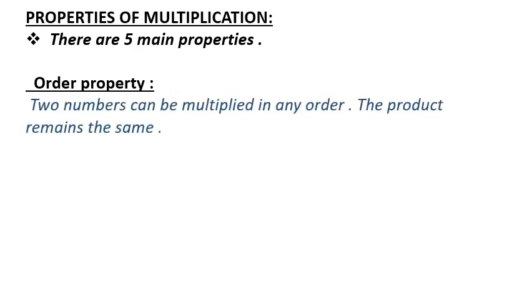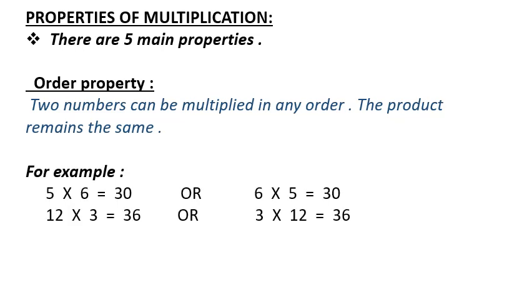Order property means the two numbers can be multiplied in any order, but the answer means the product remains the same. Let us understand by few examples.